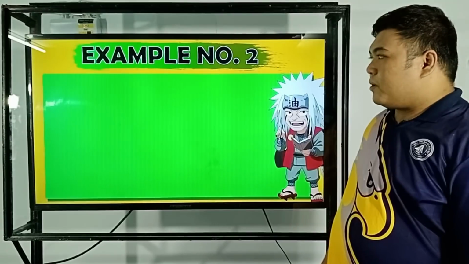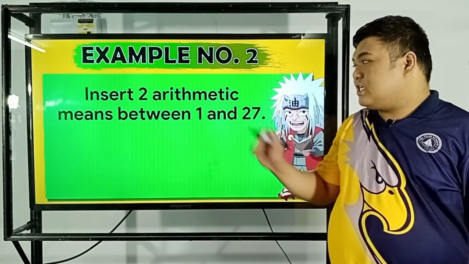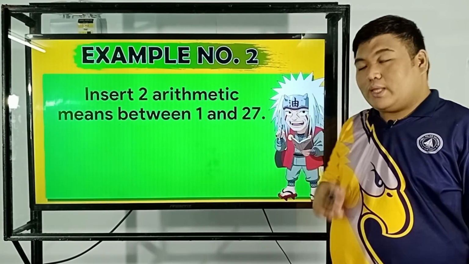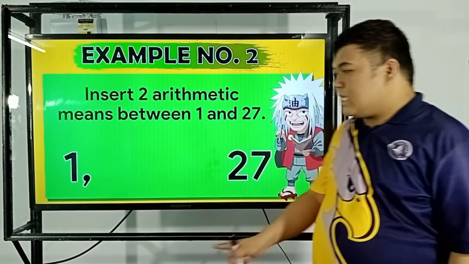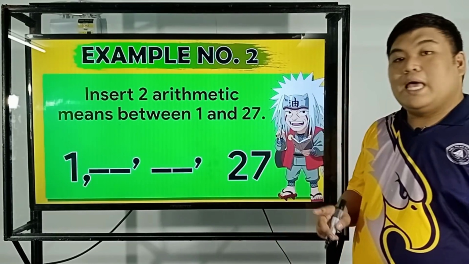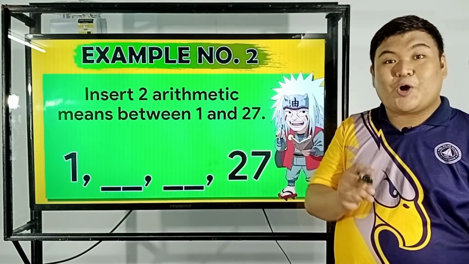Now for the second example, we need to insert two arithmetic means between 1 and 27. So between 1 and 27, maglalagay daw ako ng dalawa pang missing terms. Now again, let us find the common ratio.